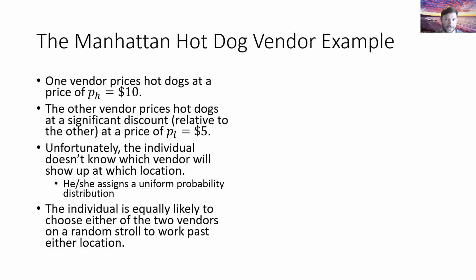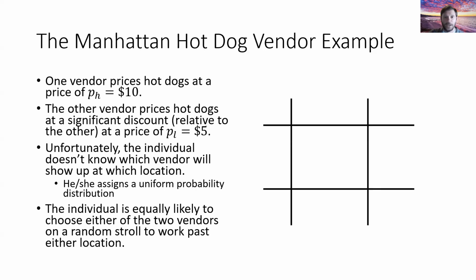Now, the reason why this is called the Manhattan vendor example is because Manhattan streets are set up in a very particular way according to what is known as a grid metric. So imagine your apartment is here on this corner and you need to go to work, which is on the opposite corner.